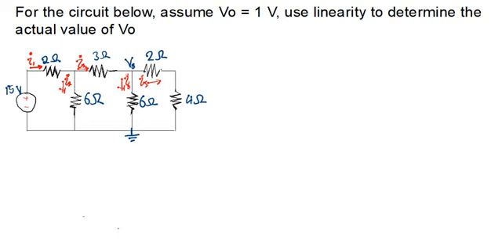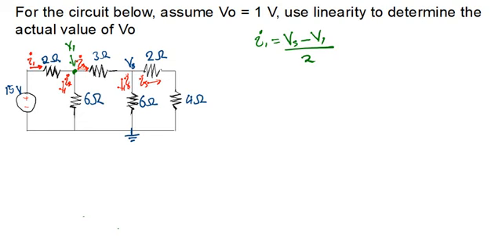So what do I really mean by us having I1? Remember from Ohm's law, if at this point, let me say this is V1, we're going to find that by Ohm's law, our I1 will be equal to our supply voltage Vs minus our V1, divided by the resistance there, which is the resistor, which is 2.